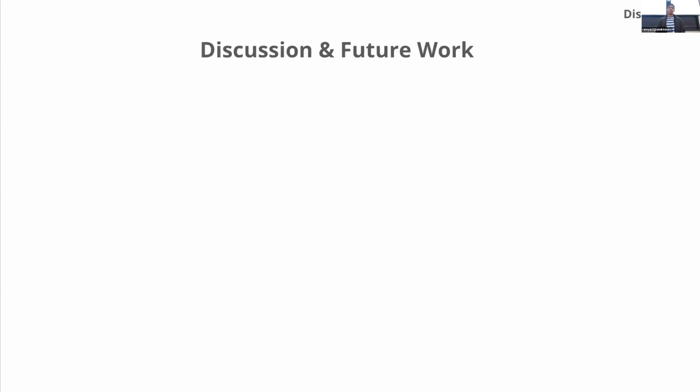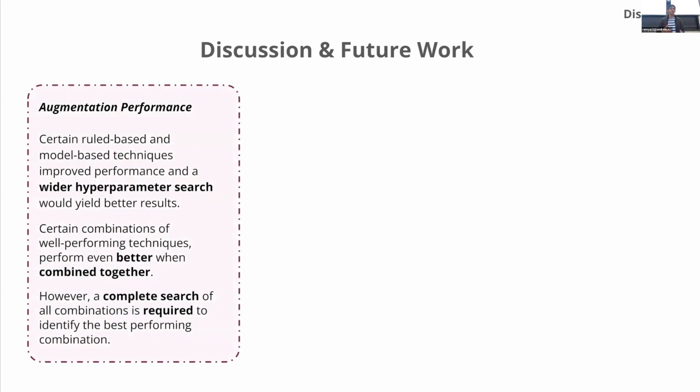Moving forward to the discussions and the future work. Starting off with augmentation performance, as we have repeatedly discussed, the performance gains that we see through augmentation are highly dependent upon the hyperparameters. We have done extensive experimentation that has allowed us to find some values that work well, but the transfer of these values to other data sets cannot be commented upon.